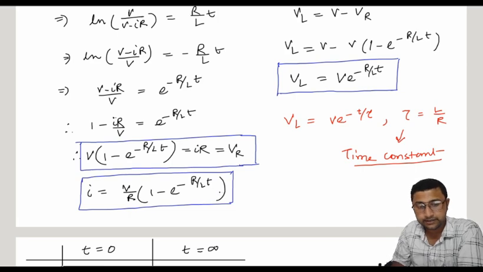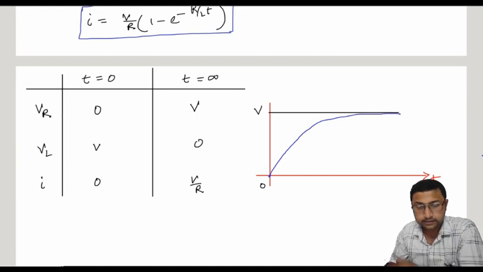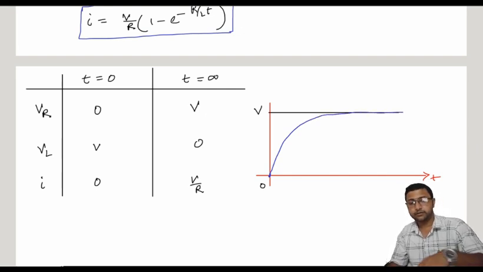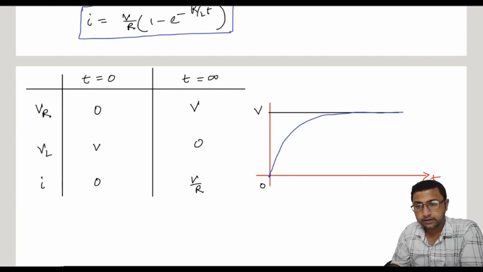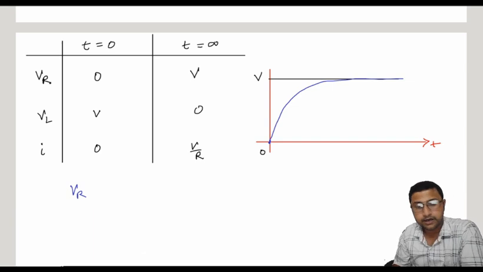It starts from t equal to 0 and finally goes like that. Again, this is very difficult to plot in the digital platform, but still the graph will look like that. The blue color represents VR: at t equal to 0 it is 0, and at t equal to infinite it is V.